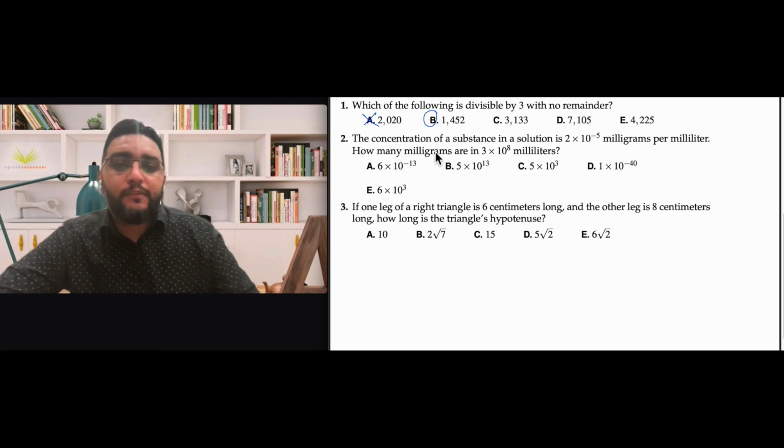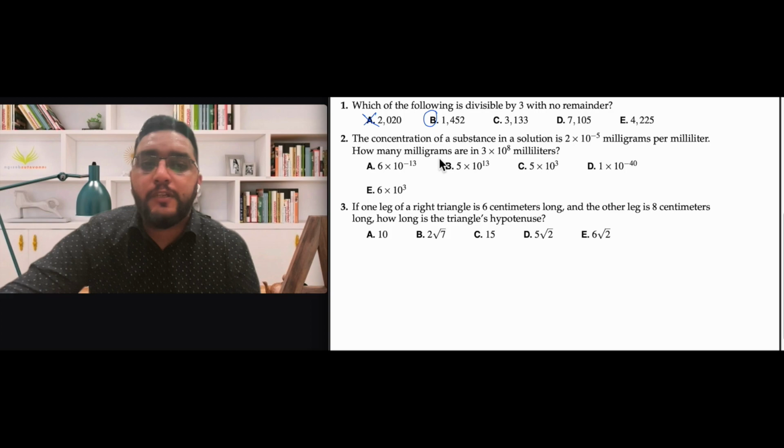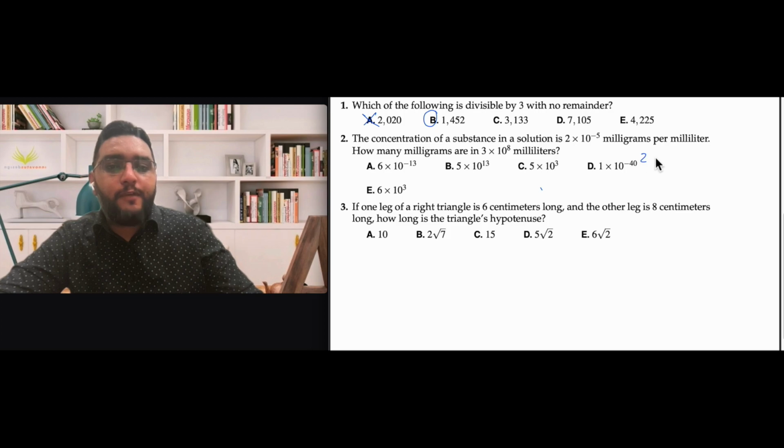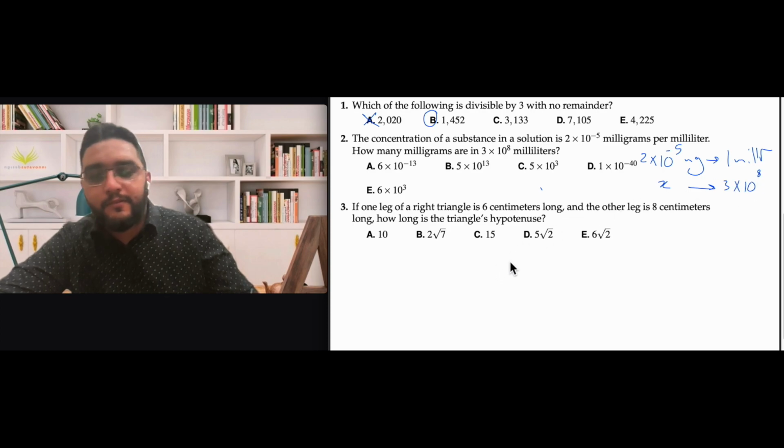Question 2, the concentration of a substance in a solution is 2 times 10 raised to the power of negative 5 milligram per milliliter. How many milligrams are in 3 times 10 raised to the power of 8 milliliters? So in this question, we have 2 times 10 raised to the power of negative 5 milligrams in 1 milliliter. Now we want to find the number of milligrams in 3 times 10 raised to the power of 8.